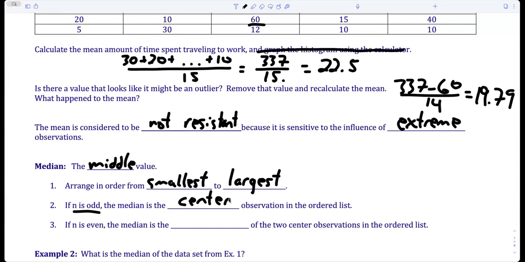If n is even, then the median is the average of the two center observations. So go ahead and put the data points in order and find the median for me. Can you do that?